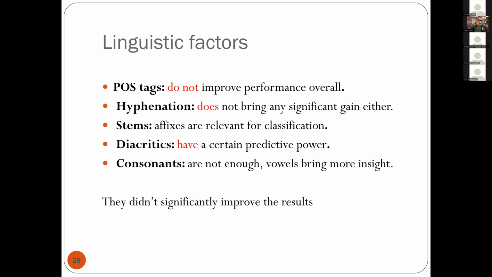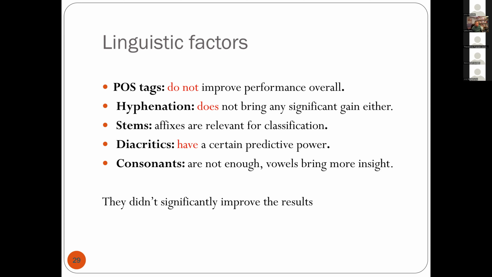I have to say that we always look at the graphical form of words, stems, diacritics, or if we take into consideration only consonants, and if we delete the vowels, whether we can obtain better results. Some of them improve the results a little bit, but actually none gives us statistically significant results.